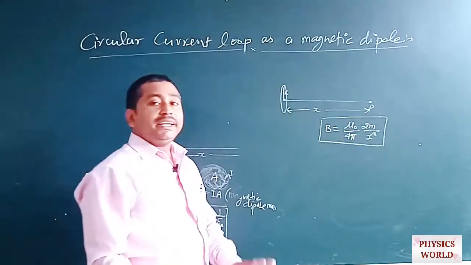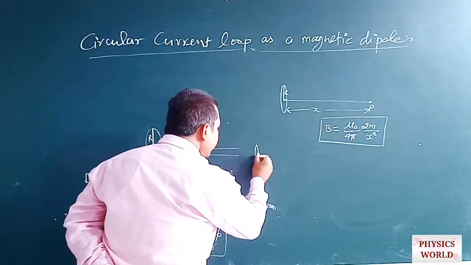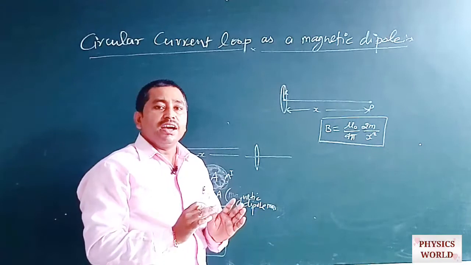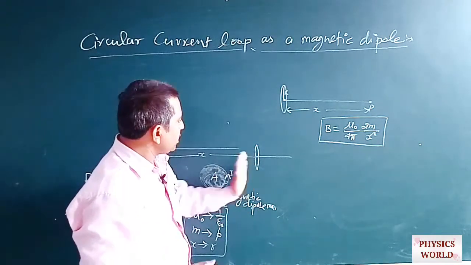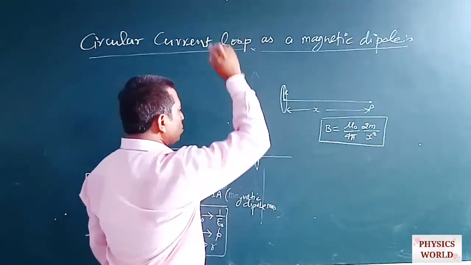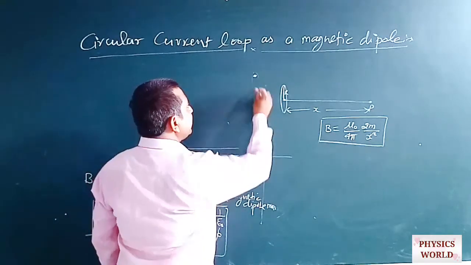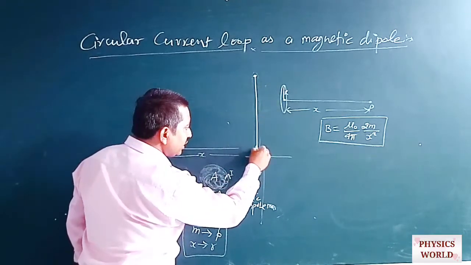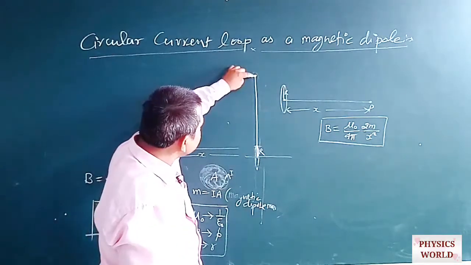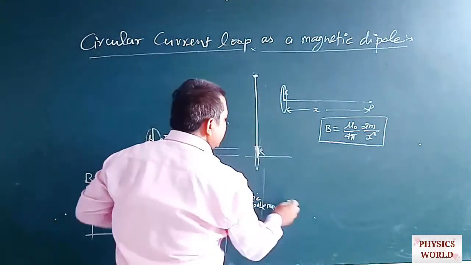Similarly, if we take the circular loop here and we choose a point which is lying on the plane of this circular loop, so what is the plane of this circular loop? This can be formed like this also. So if we choose a point here which is also very large in comparison to the radius of this circular loop, and this point is lying on the plane of this circular loop, what will be the value of the magnetic field at this point?